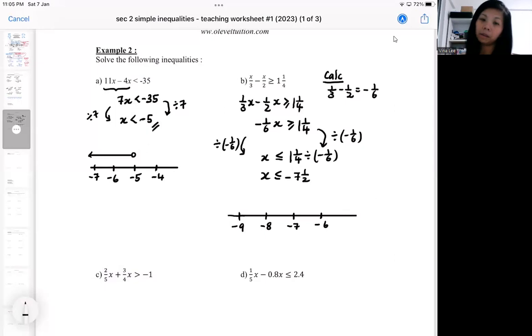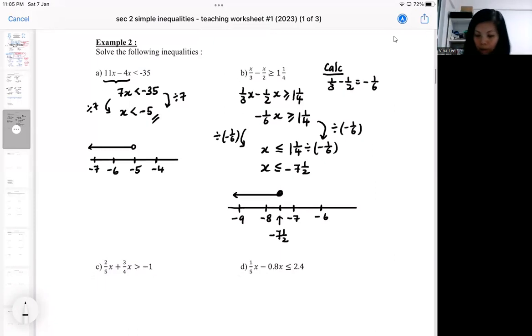Locate the -7.5. You want it to be lesser than this number, and there is an equal sign, so it should be on the left side. The numbers on the left will be smaller than -7.5. So that's how you present it.